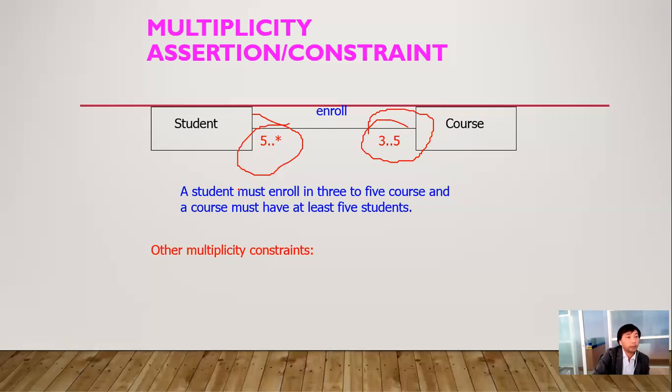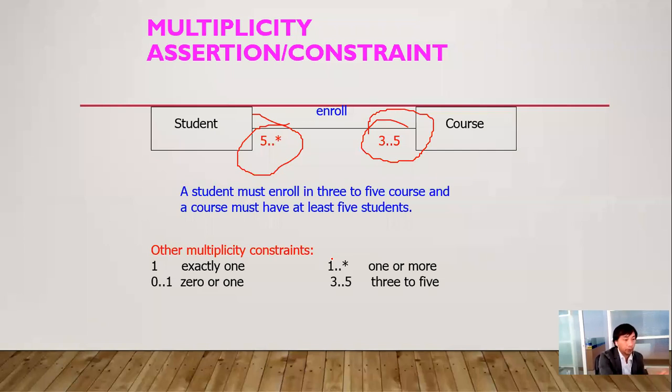Okay, a student must enroll in 3 to 5 courses, and a course must have at least 5 students. Other multiplicity constraints can be exactly 1, 1 to unlimited or 1 or more, 0 or 1, 3 to 5, 0 or more, and also exactly 4.